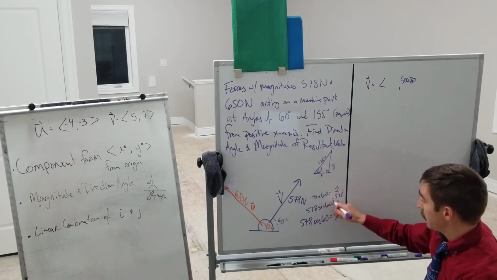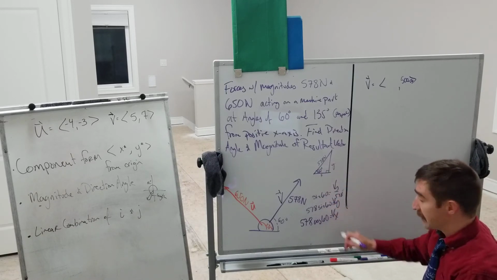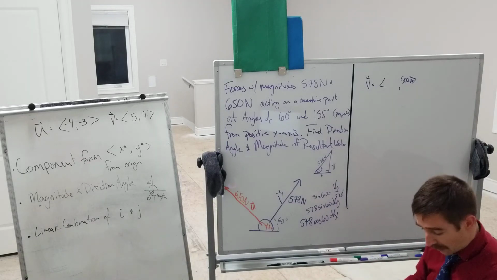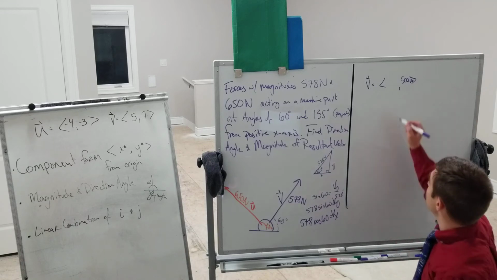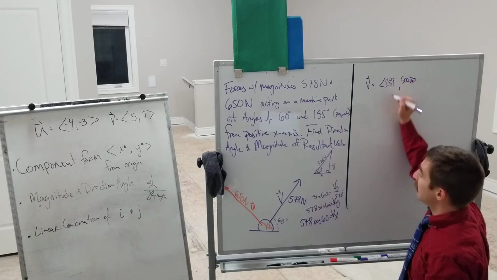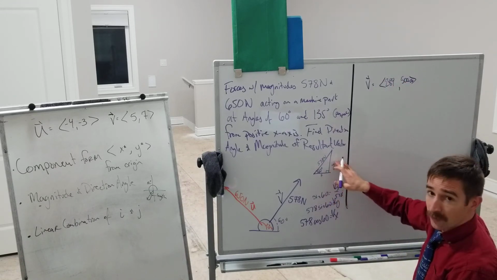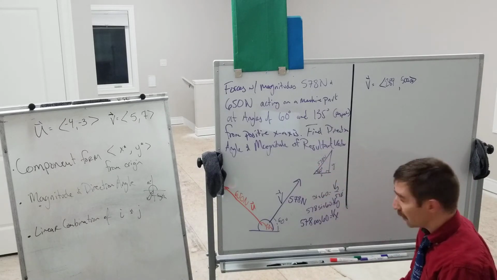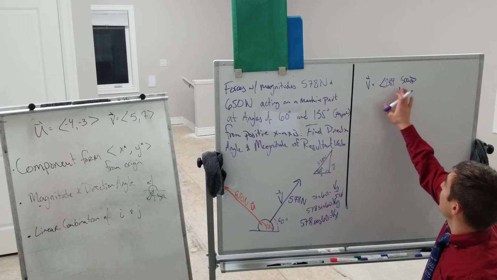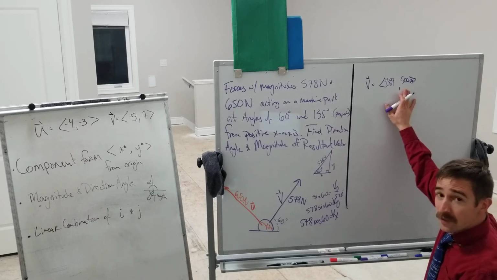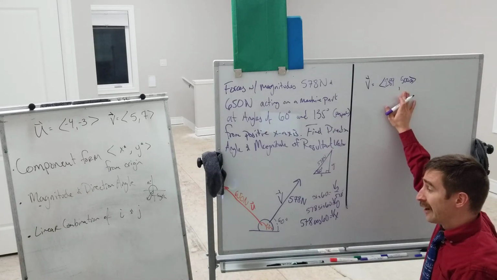And actually I would call this v sub y and v sub x, saying it's vector v, x and y. And 578 times cosine 60 is going to be 289, exactly. Remember, it's the 1/2, root 3 over 2, 1, so it's a 30, 60, 90 triangle. So we have 289 and 500.56. Those are the components for vector v.